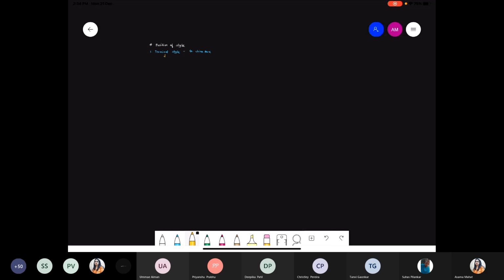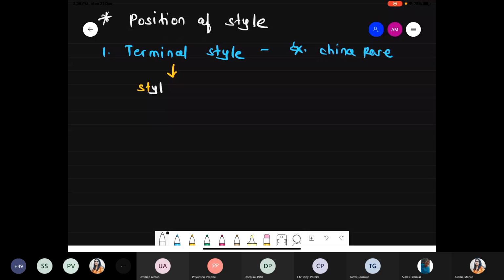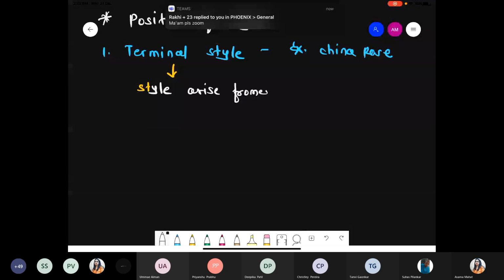Okay, chalo. So back to the topic, we are talking about different types of the style on the basis of their position. First of all, the terminal style. Terminal means the style basically originated from the tip of the ovary.